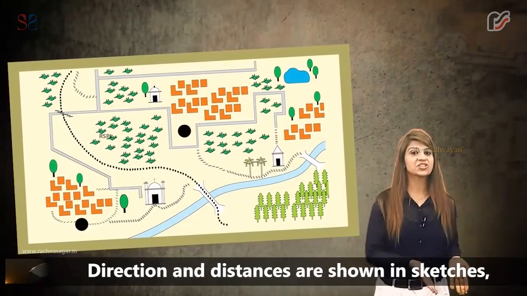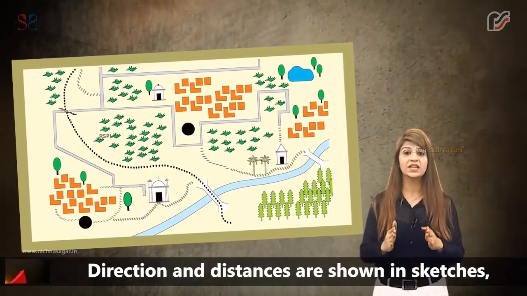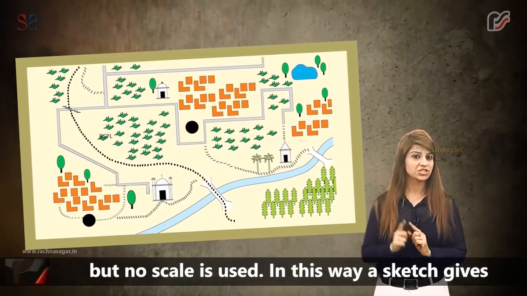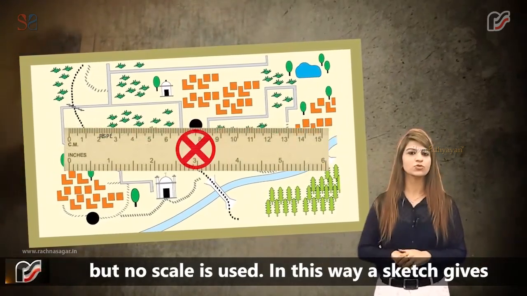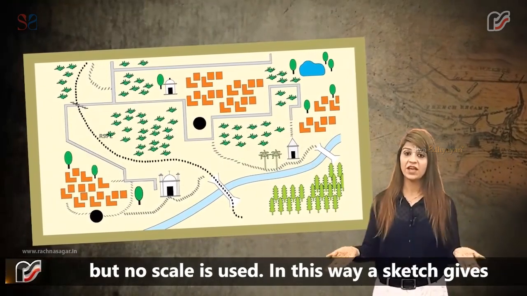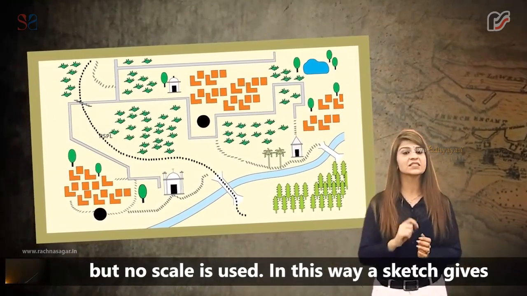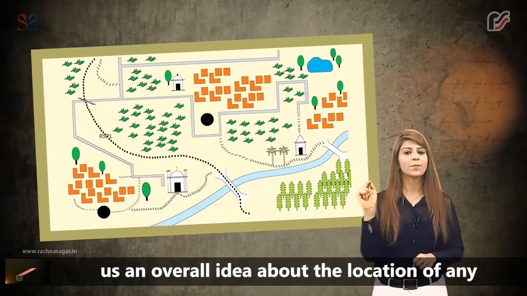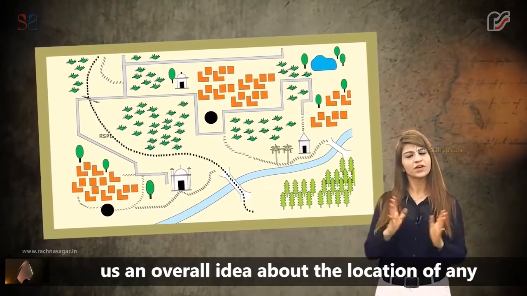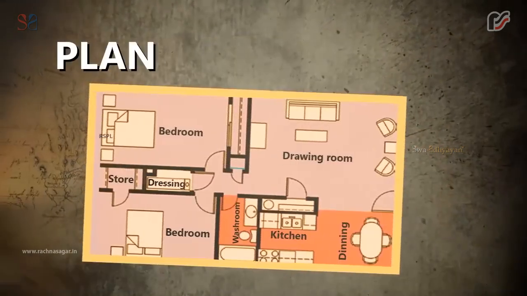Direction and distances are shown in sketches, but no scale is used. In this way, a sketch gives us an overall idea about the location of any place.